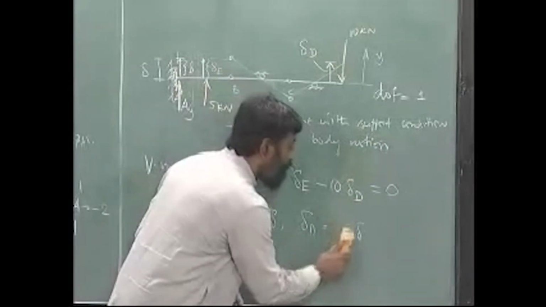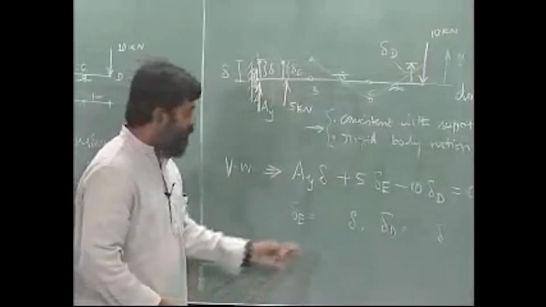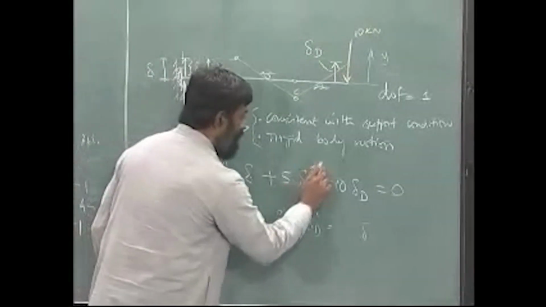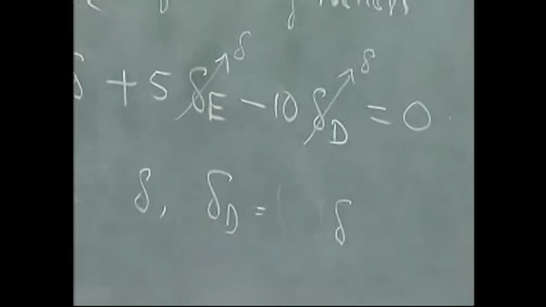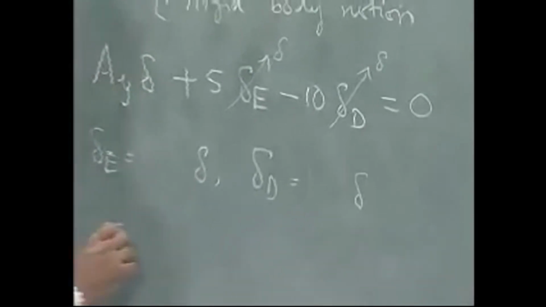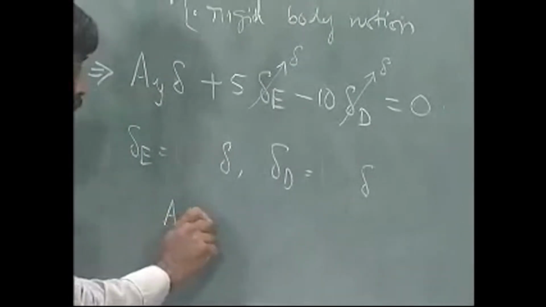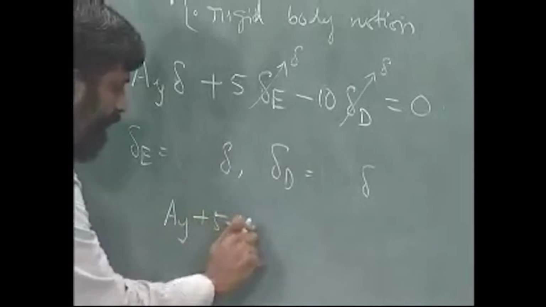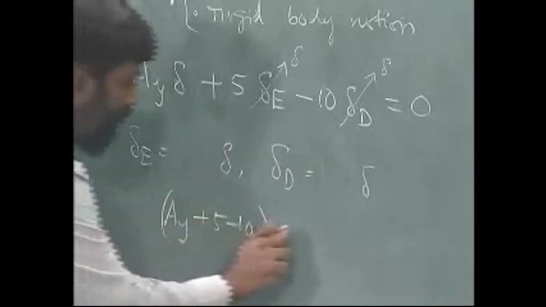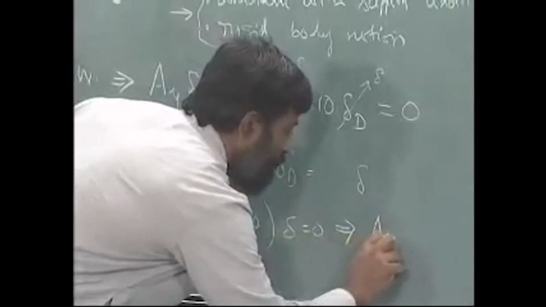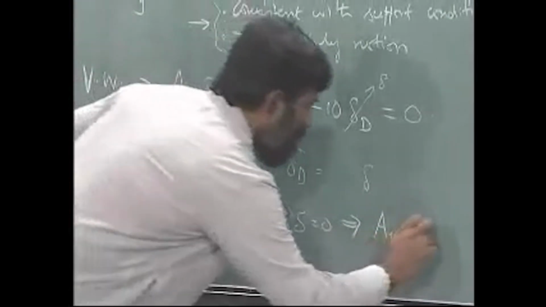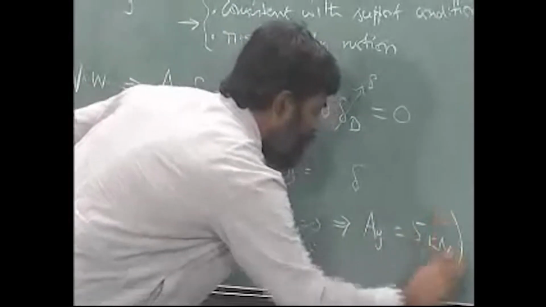It is 1 times delta A. Okay, remember positive equal to, this is positive, this is positive. Now it is very simple, I just have to take this to be delta, this to be delta, and I get the answer immediately. So I have AY plus 5 minus 10 times delta equals 0, which implies AY equals 5 kilonewton.